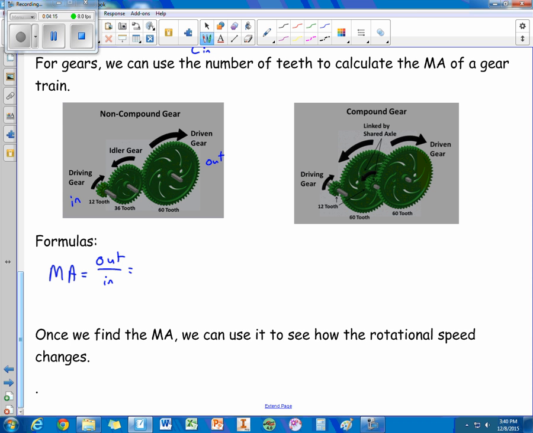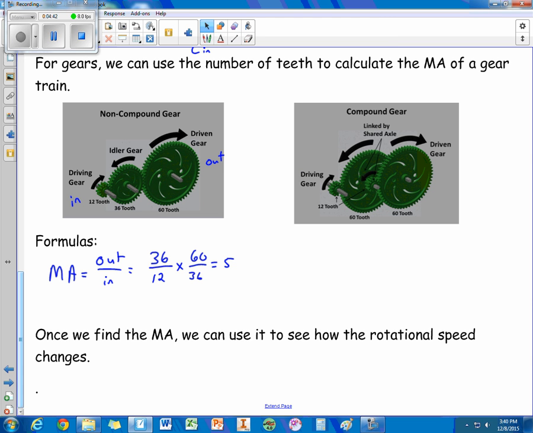What I would have is 36 divided by 12 times 60 over 36, which just equals 5. If the mechanical advantage is greater than 1, it's set up for torque and you sacrifice speed. If the mechanical advantage is less than 1, it's set up for speed and you sacrifice torque.